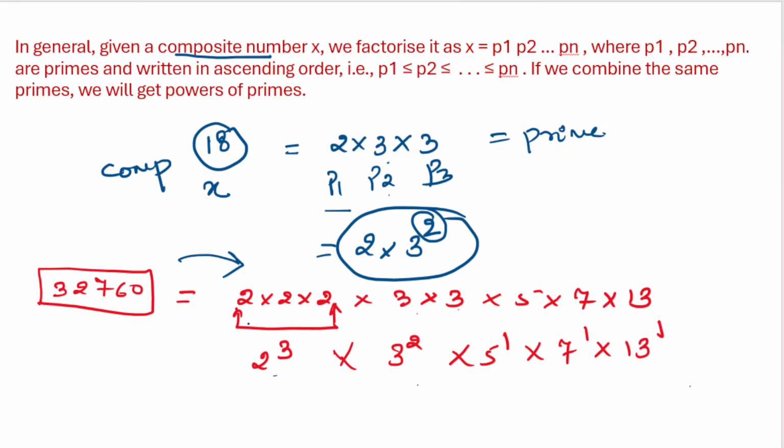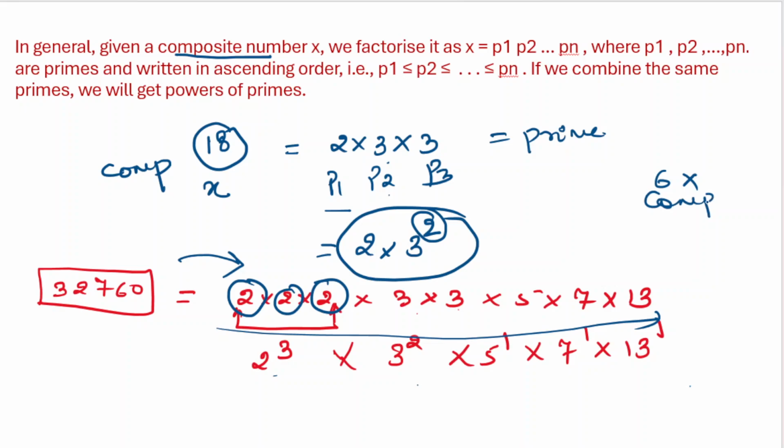And the way we are doing its factorization, we are choosing the factors as prime numbers. We are not choosing its factors like 6 into this. We are not choosing the factors as a composite number. We are choosing the prime factors. So this factorization is known as prime factorization.